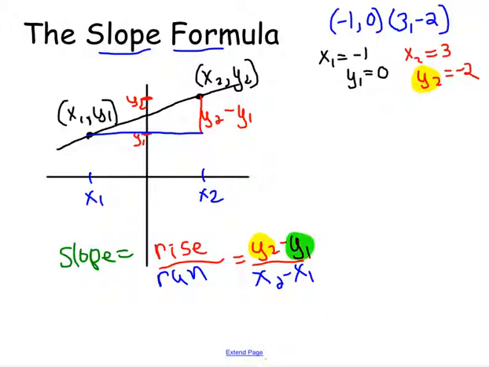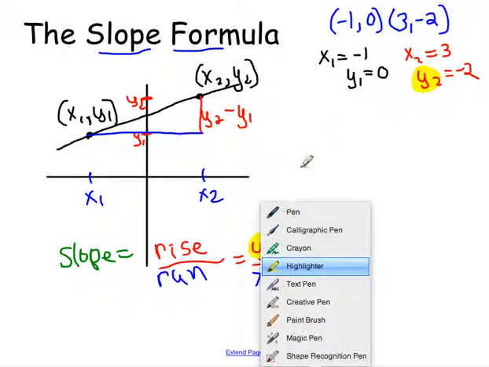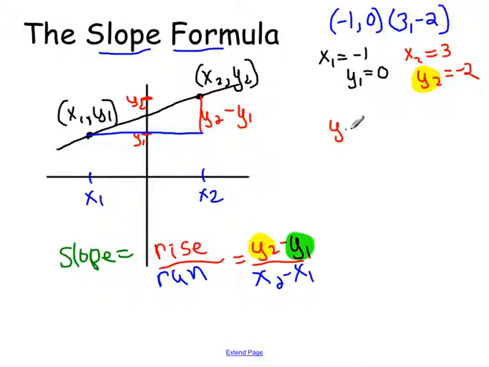Well, the slope formula says take y2, which is right here, and subtract y1. So if I do that, y2 minus y1 results in -2 minus 0. And then for my x, I'm going to take x sub 2 minus x sub 1.